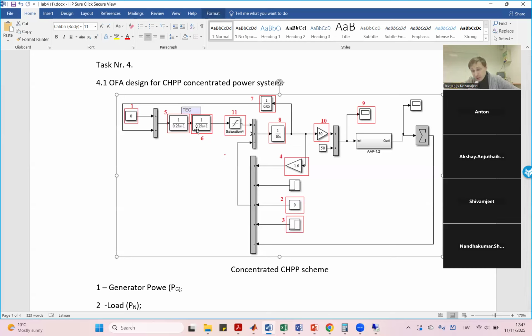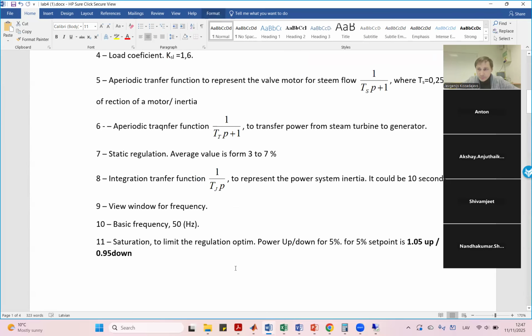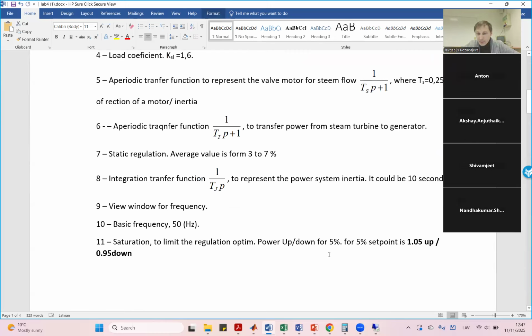Typically, this block is called saturation, so it limits. It's a structure that has an upper and lower limit. What do we understand? Okay, but in real life, what is the lower limit? We don't have this lower limit typically, yes, but we have the upper limit because we could not generate more than is possible from our generator. That's why for block number 11, here we have 5% up and down. This is, okay, I'll tell you the truth. This is wrong.